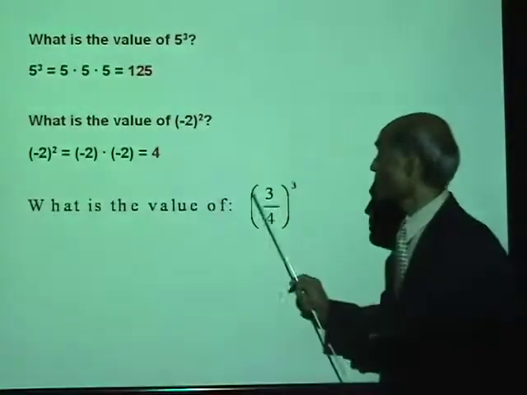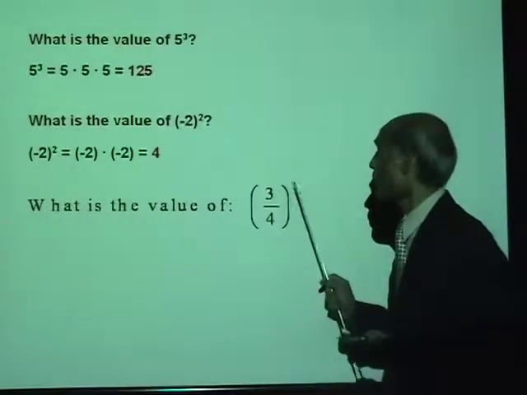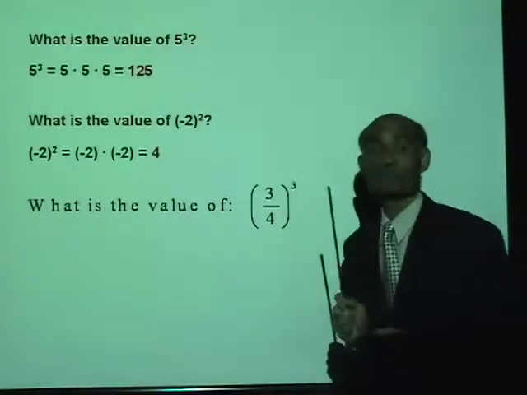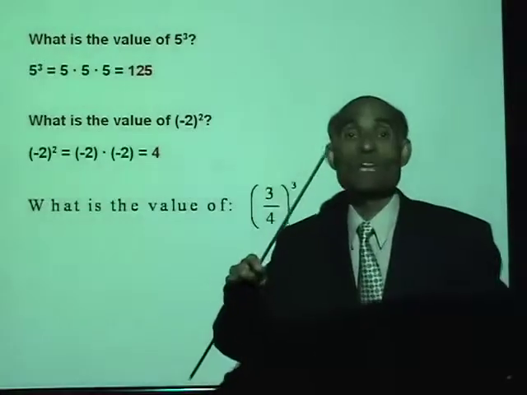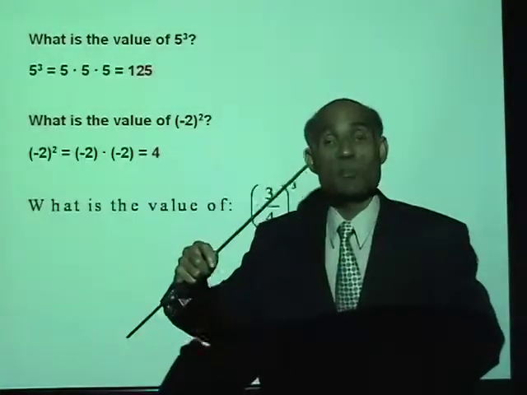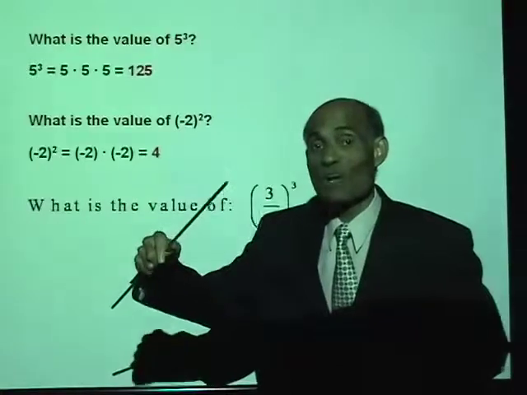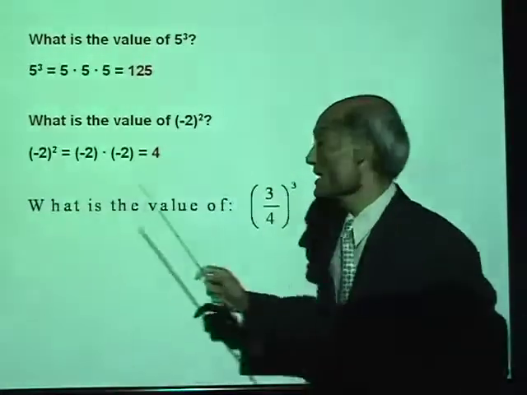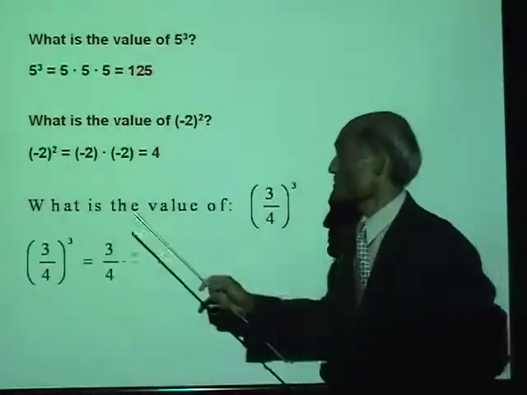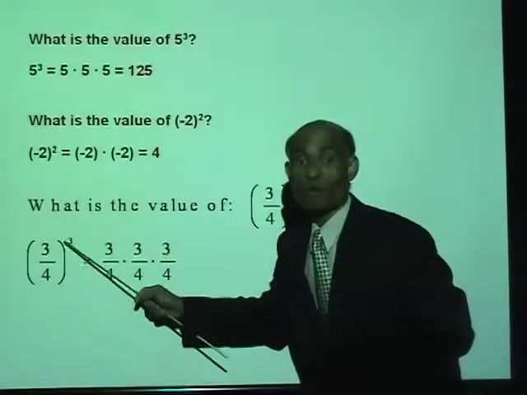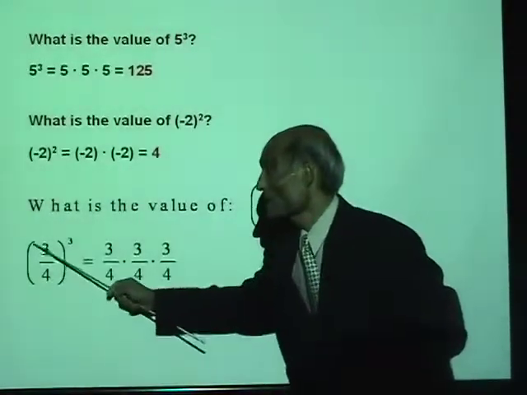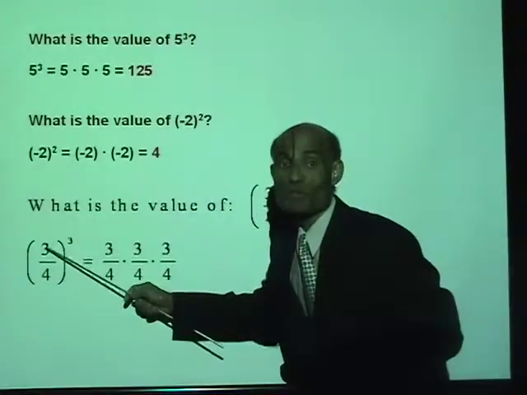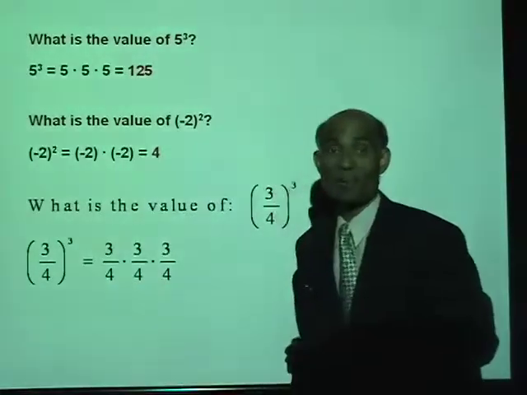Now, what is the value of 3 over 4 raised to the power of 3? Now, what does that mean? The number 3 over 4 is multiplied by itself repeatedly 3 times. So, 3 over 4 raised to the power of 3. Remember that 3 is common for the numerator and the denominator.